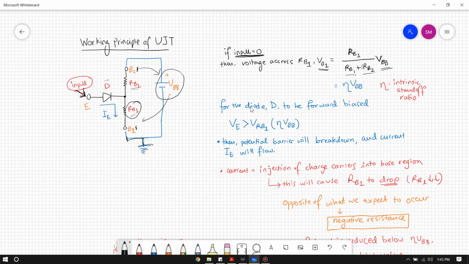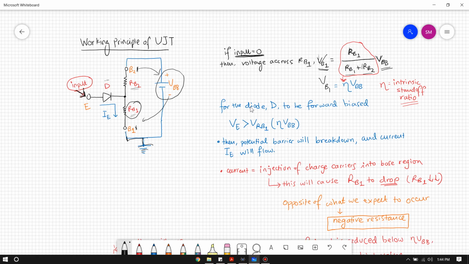So multiplied by VBB. So VB1 equals RB1 divided by RB1 plus RB2 into VBB. Now, this term RB1 divided by RB1 plus RB2, we call this eta, where eta is the intrinsic standoff ratio. So we can also say that VB1 is equal to eta VBB.